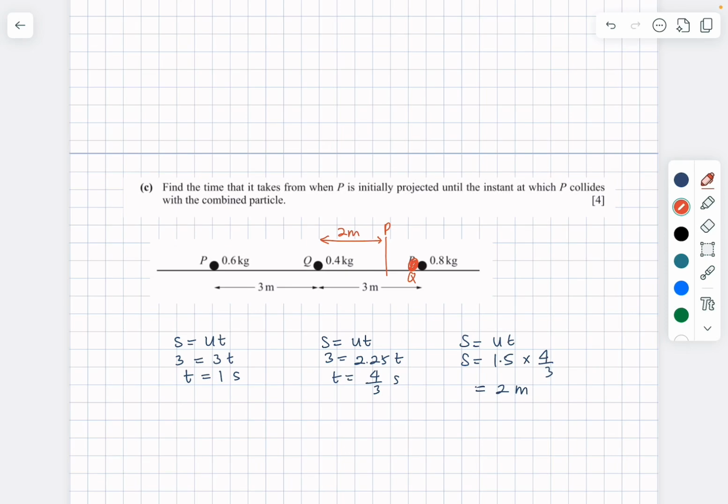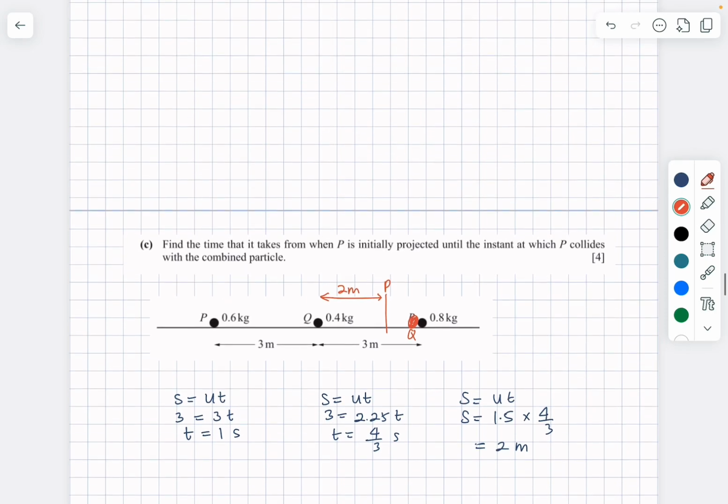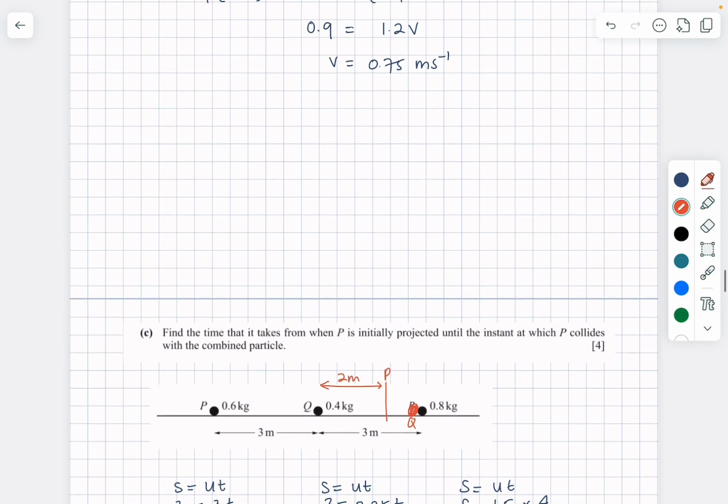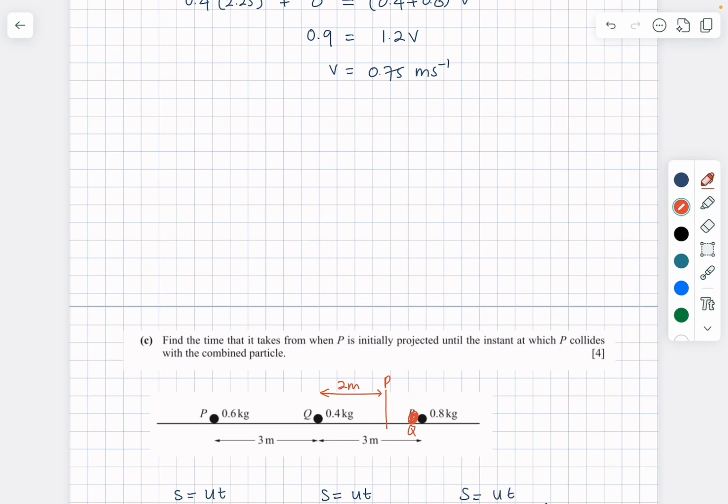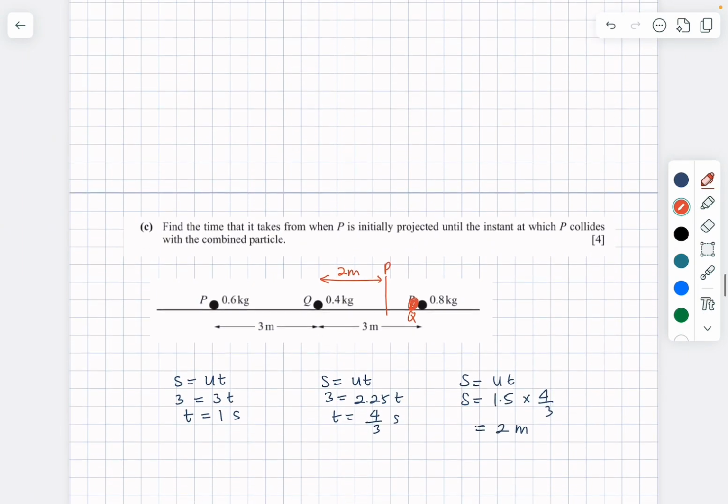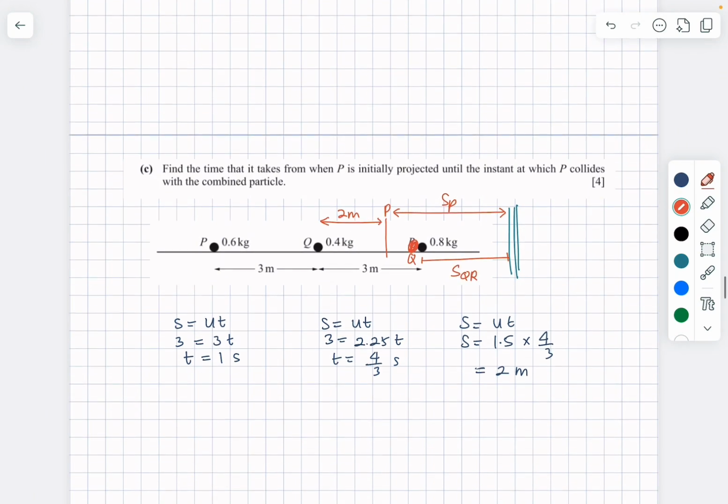Next, the speed of P is still 3 meters per second, meanwhile the speed of the coalesced particle, which is the speed of Q and R, is 0.75, smaller than P. So there is another collision here. Use this fact to find the distance of P and the distance of Q and R. This is 1 meter.